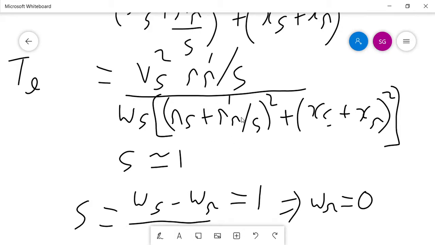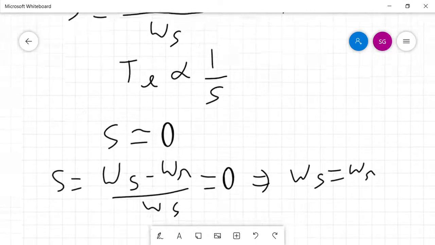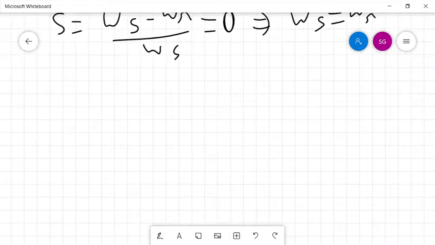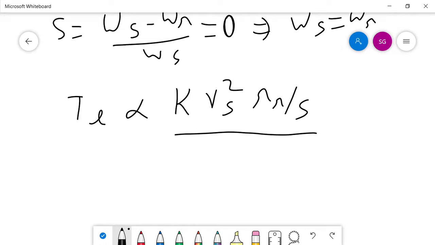It will be proportional to a constant K into Vs square into Rr by s, and in the denominator we will get Rr by s, but its whole square.